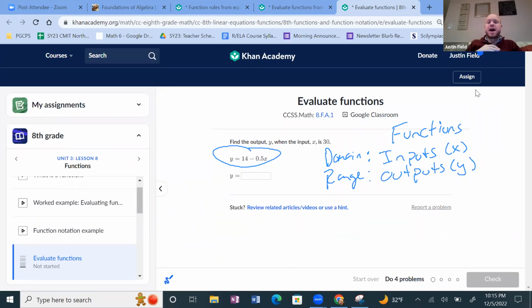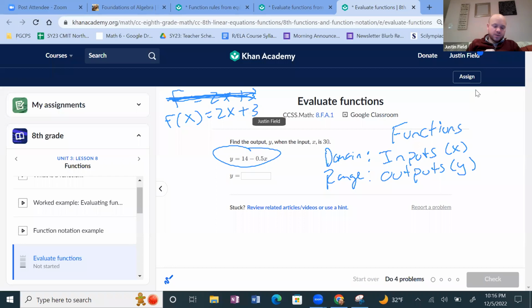In Math 8, we usually write functions like this: f equals 2x plus 3. And you're like, okay, f, fine, it's a different variable. But in Algebra 1, we write it like this.